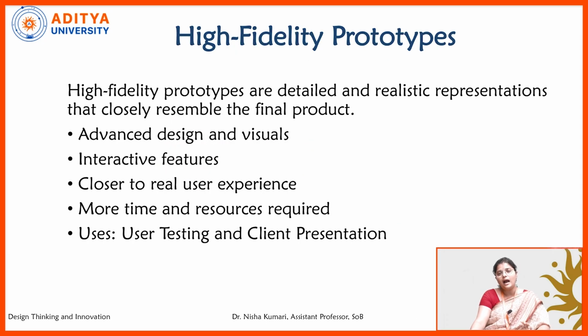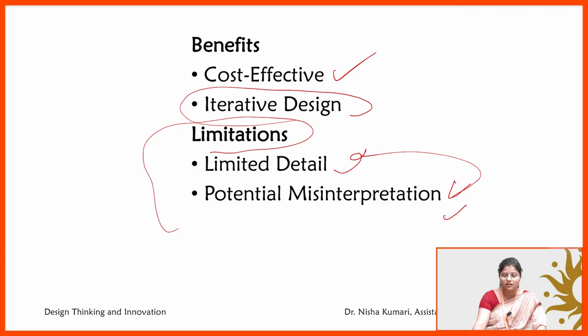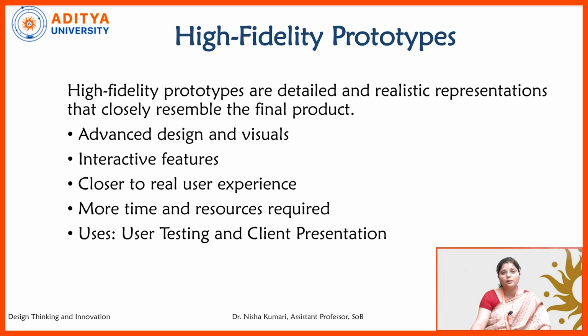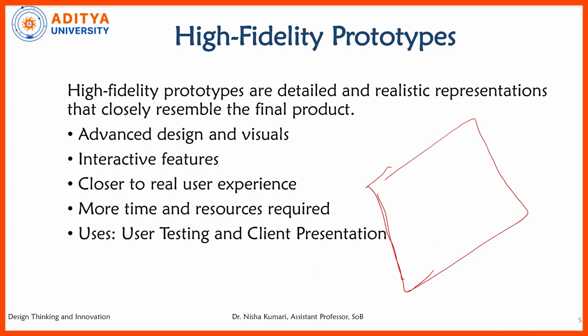Now coming to the high fidelity prototype. If you remember in colleges previously, like the picture I just showed you, we create a chart where your faculty asks you to prepare a village scenario, correct? But if you have to prepare the same thing for an exhibition, you would use some cardboard or thermocol.